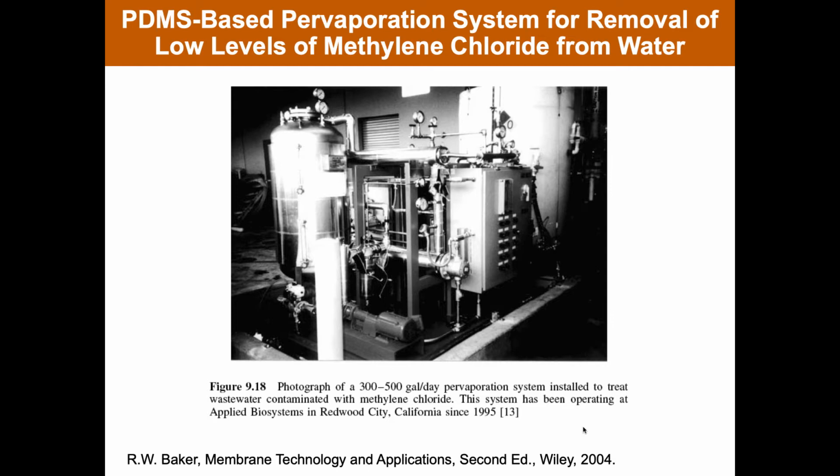So this is a system that's been used at Applied Biosystems in California to remove low levels of methylene chloride from water. These types of operations could either be done with adsorption. These systems, absent any other alternative, would be put in a burner and burned, although that's a very expensive way to deal with them.